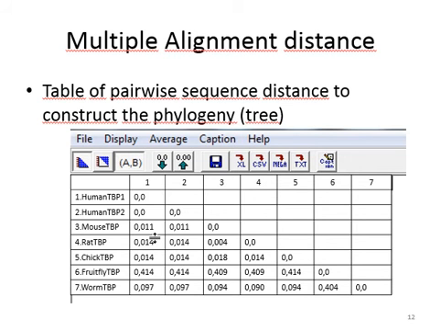Then you have the distance between human and mouse, rat and chicken, and the highest distance is between humans and fruit fly.